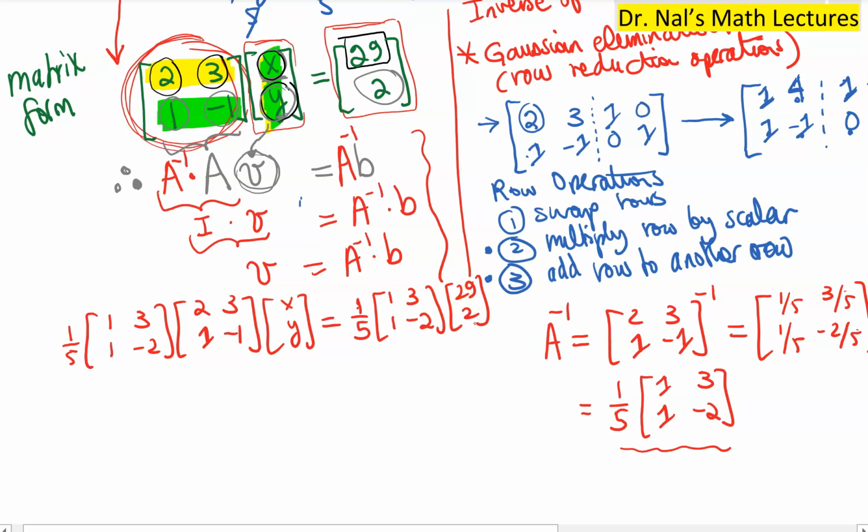There you go. Because this is effectively the inverse of this, when you multiply these two, it will give you the identity matrix. Let me go ahead and prove that. So let's keep that 1/5. Now let's multiply that 2 by 2 matrix by that 2 by 2 matrix.